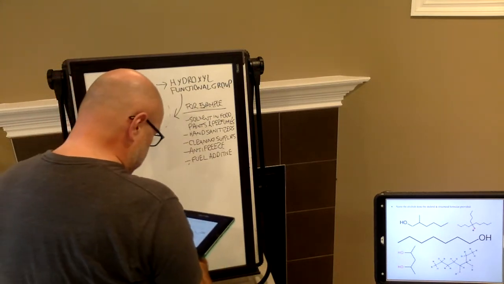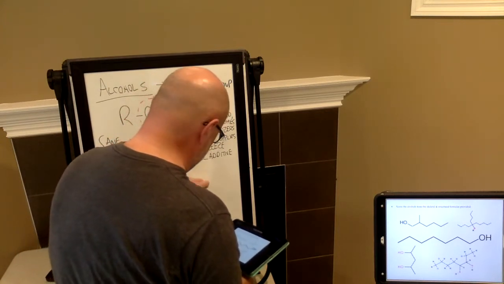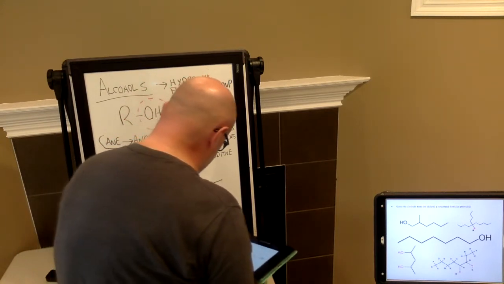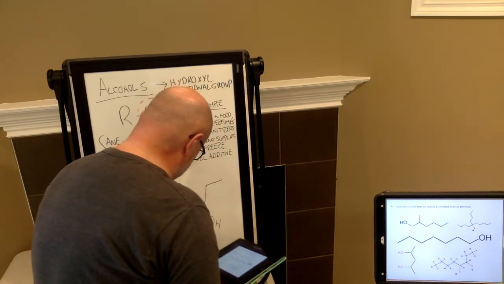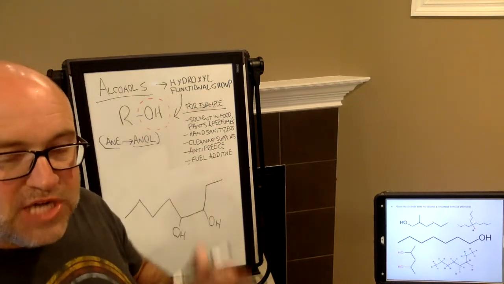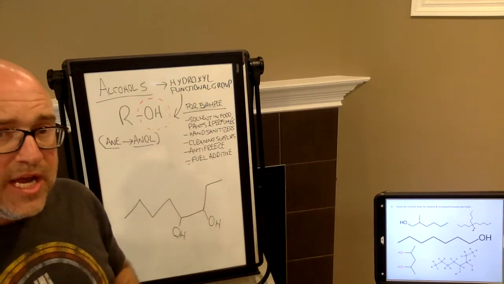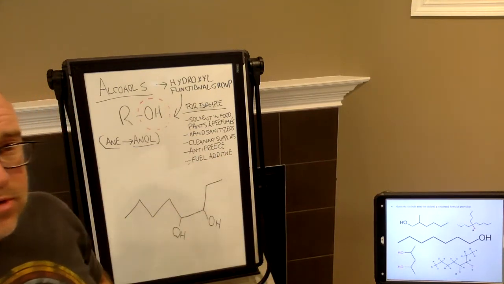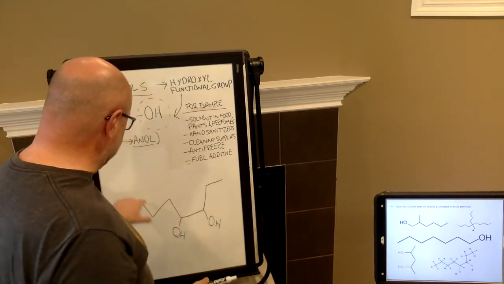So I've got 1, 2, 3, 4, 5, 6, 7, 8, and then I've got a hydroxyl group there, and I got a hydroxyl group there. So if I look at it that way, it looks way less daunting, even though it doesn't have that uniform shape of some of the other ones that you see on the page. This is strictly a single chain alkane with 2 hydroxyl groups on it. 1, 2, 3, 4, 5, 6, 7, 8.